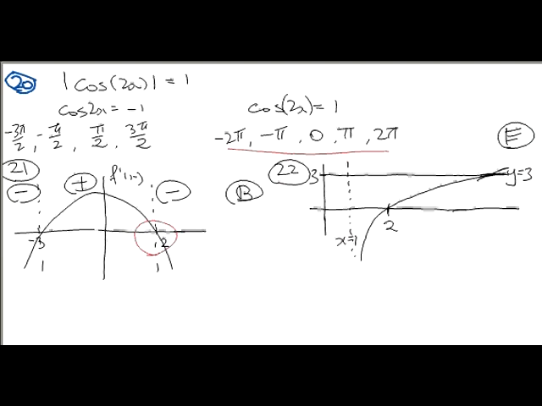Obviously if you were to find the area, you'd have to split it. You need to find this block, and the area of that is not very hard. That's just 3. Then you find this bit in here, which means you have to find this intercept.